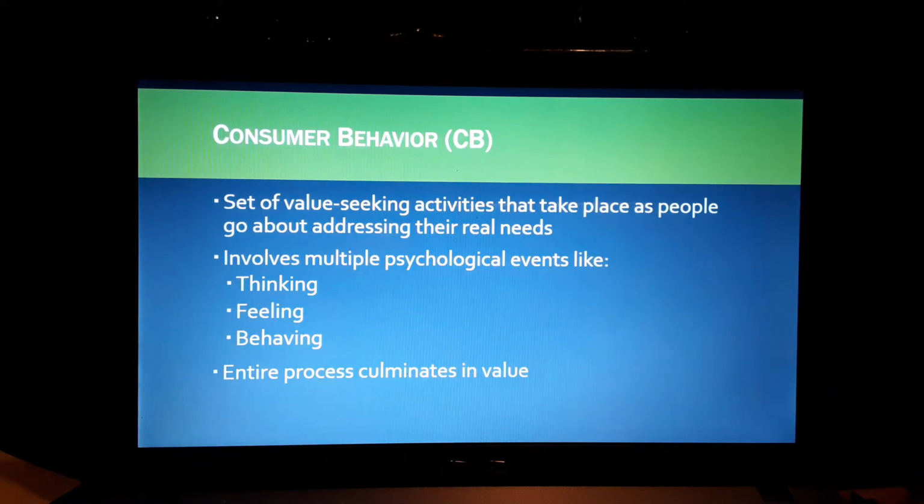Understanding consumer behavior plays a large role in marketers being able to create that value and also build those relationships. So there's a variety of different psychological events that occur during the purchasing process: thinking, feeling, behaving, which we talk about in Marketing 1 as well. And ultimately the goal is that it will culminate in value for the consumer.